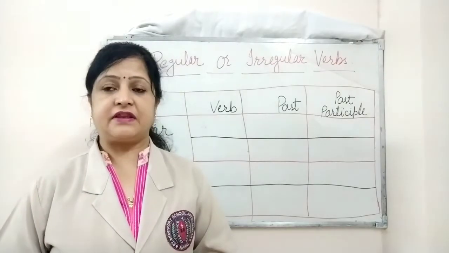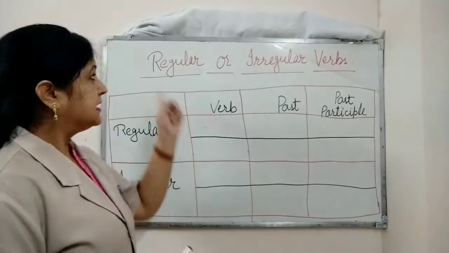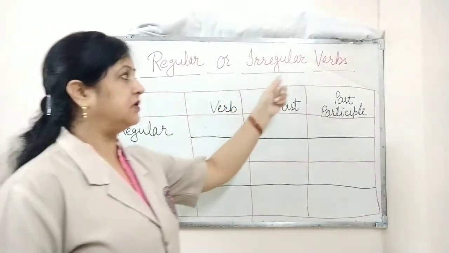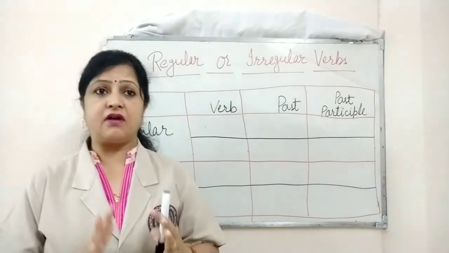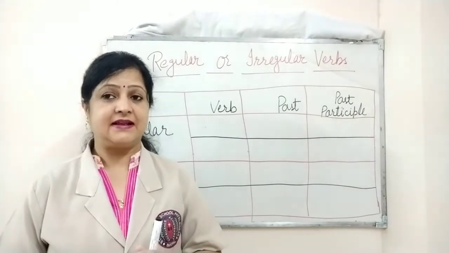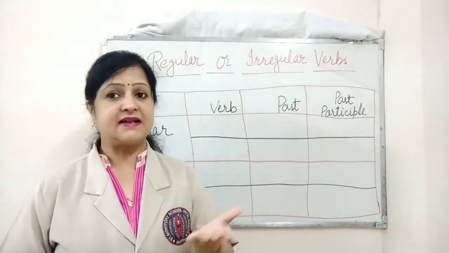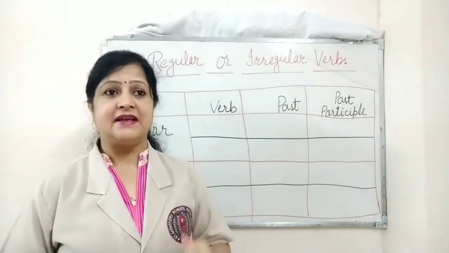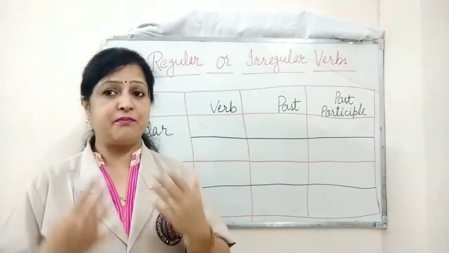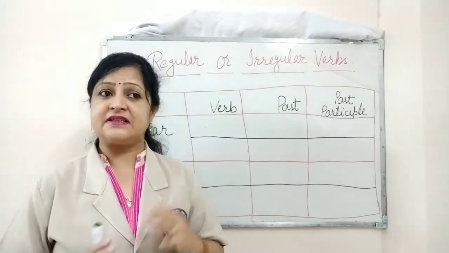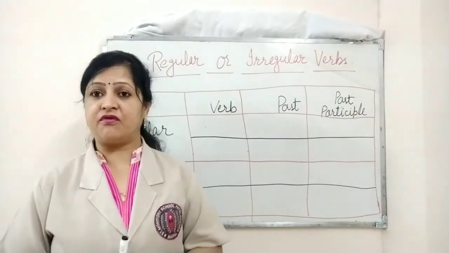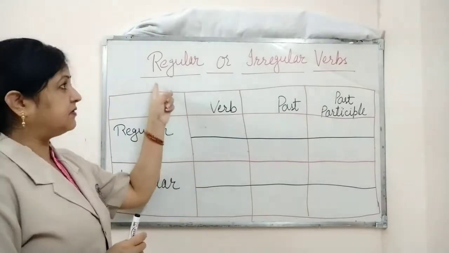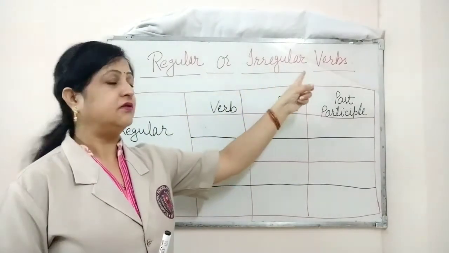Let's start with our next topic, that is regular or irregular verbs. So in English only verbs have tenses like present tense, past tense, future tense. But to make these tenses we change the forms of verbs, and these forms of verbs can be regular or irregular verbs.